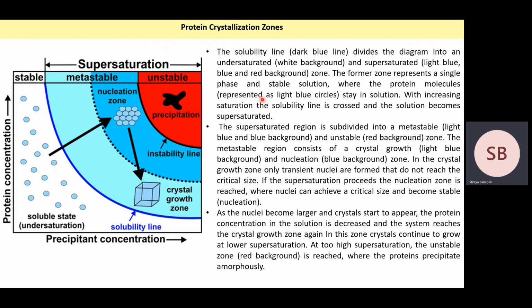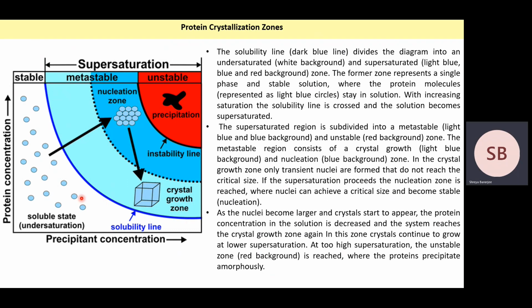There are several zones during the crystallization of proteins. So firstly, the solubility line, which is the dark blue line, divides the diagram into an undersaturated, that is this white background, and supersaturated zone. This entire area is the supersaturated zone.